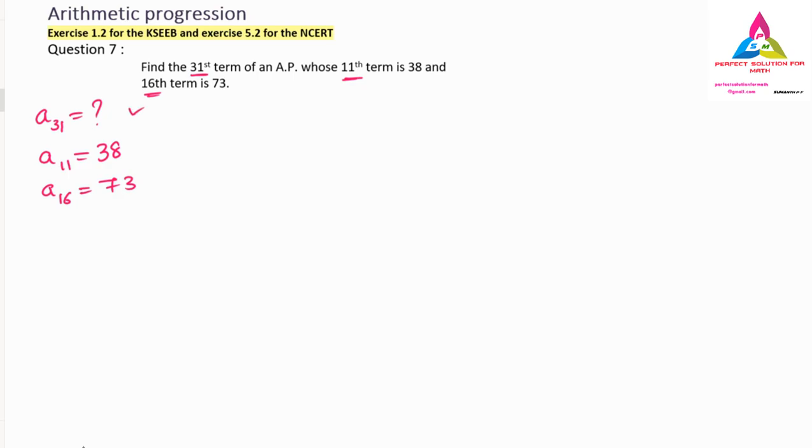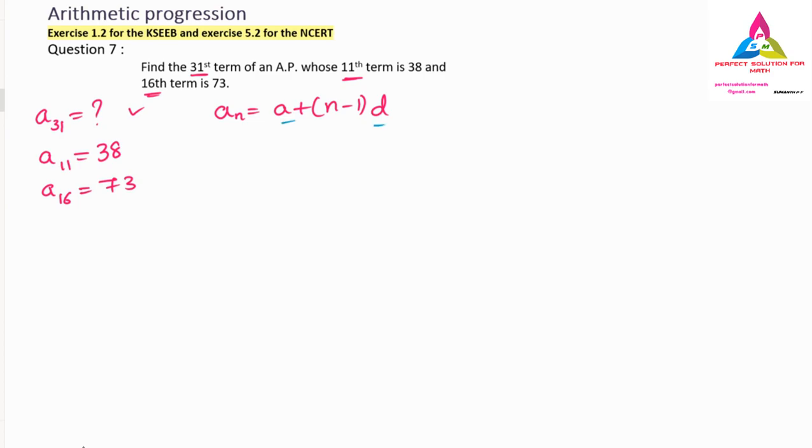So in this case we have to go through the formula, that is An only, and we have to write down that first. An is equals to a plus n minus 1 into d. Now you will ask what we have to do next, because we don't know the value of a. We don't know the value of d.